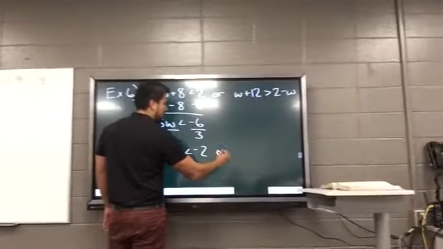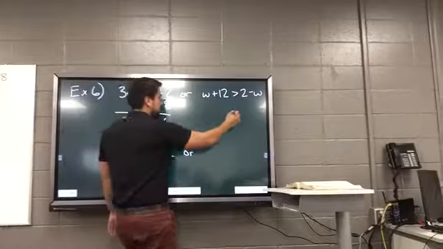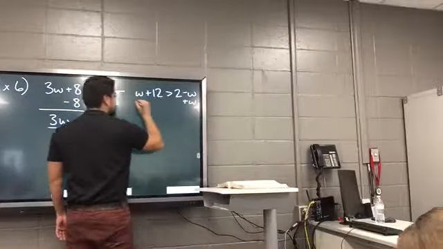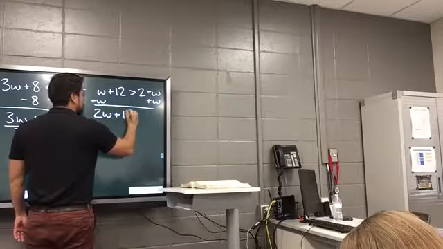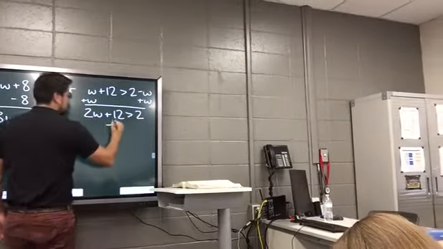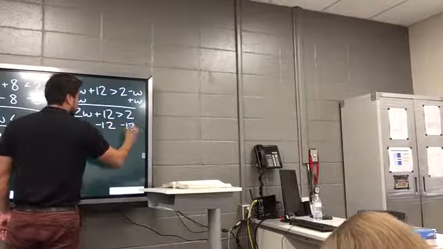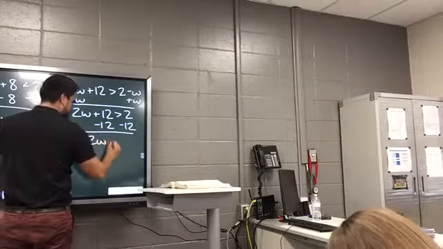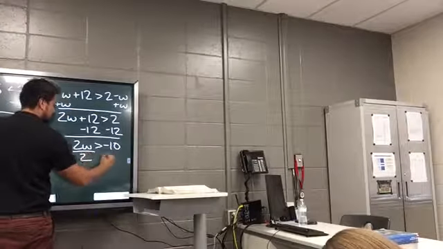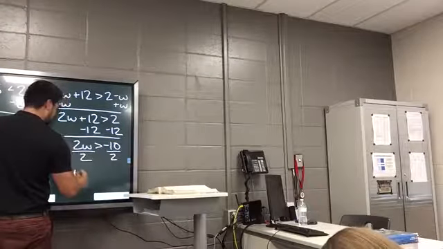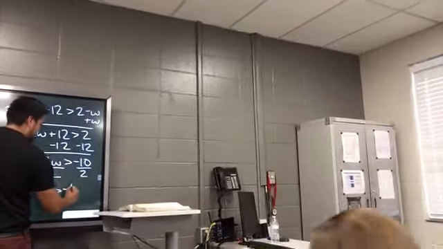So I have this right here. Or, all right, let's solve it here. I think I want to add w to both sides. So I get 2w plus 12 is greater than 2. Subtract 12 from both sides. I get 2w is greater than -10. Divide both sides by 2. And we have w is greater than -5.